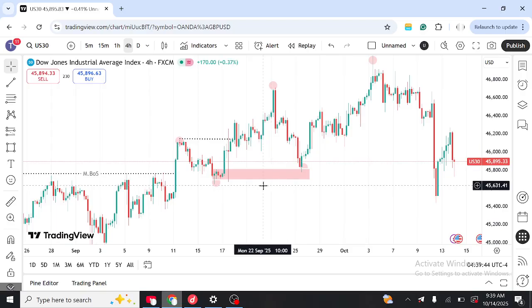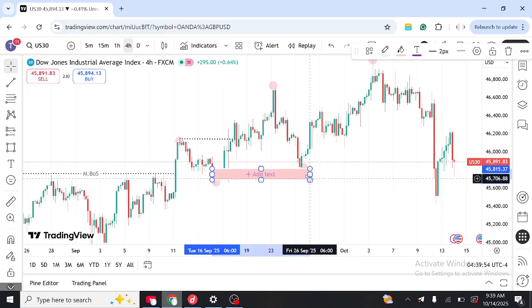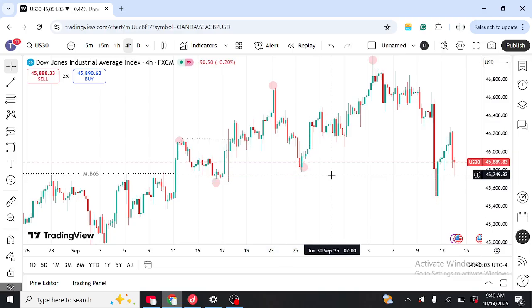So if you are trading from this level, you are going to be right most of the time in the market. And anytime it happens that price doesn't respect that level, that means that price has changed its direction from going up to now going down. So that's the meaning of that.